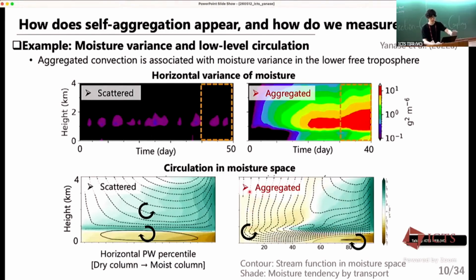This deep circulation sustains the inflow to the moist region, and the clockwise circulation is limited to the moist region. So if we compare the circulations using the stream function, the scattered and aggregated states exhibit distinct characteristics. This is one example of how we diagnose the difference between the scattered regime and the aggregated regime.